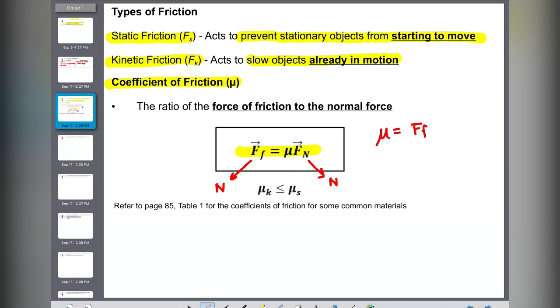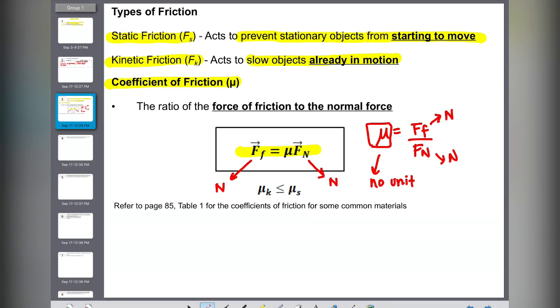One thing just to address: if I rearrange the equation, mu is Ff over Fn. If they're both measured in newtons, you need to know that mu actually has no unit. It's unitless because the units cancel.